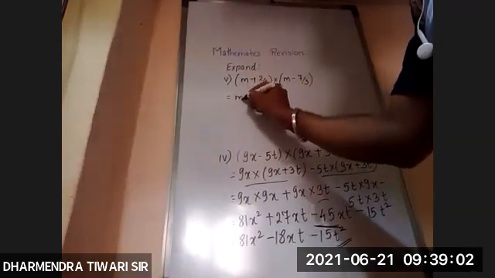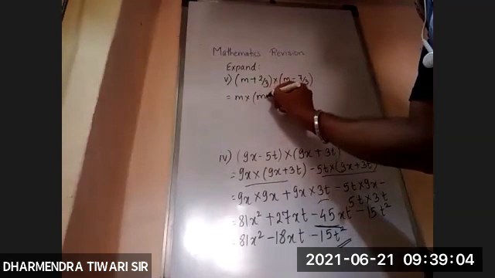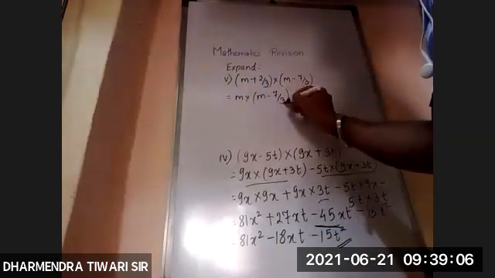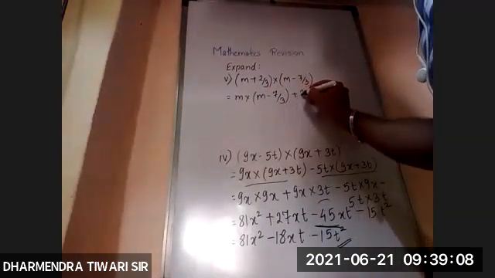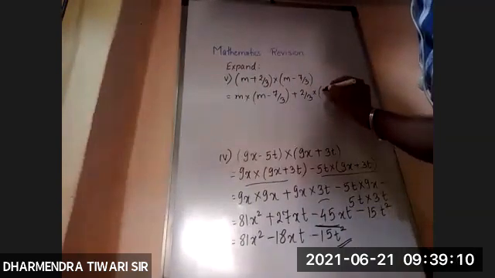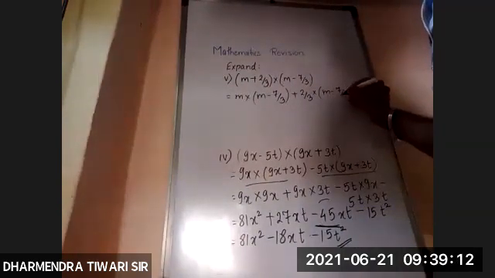Again M into the second bracket M minus 7 by 3, plus 2 by 3 into the second bracket M minus 7 by 3.